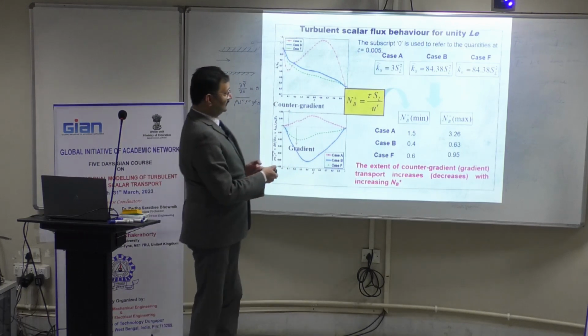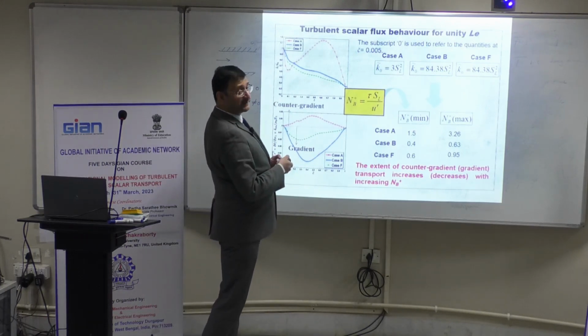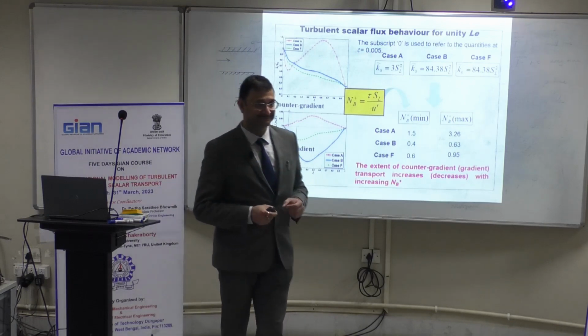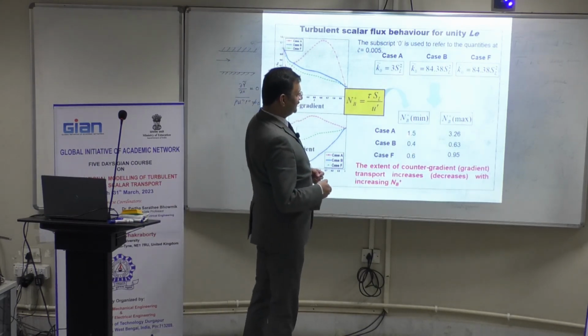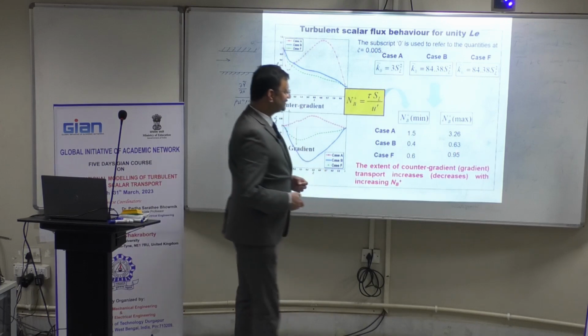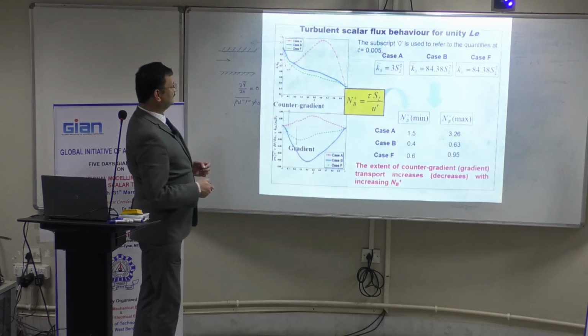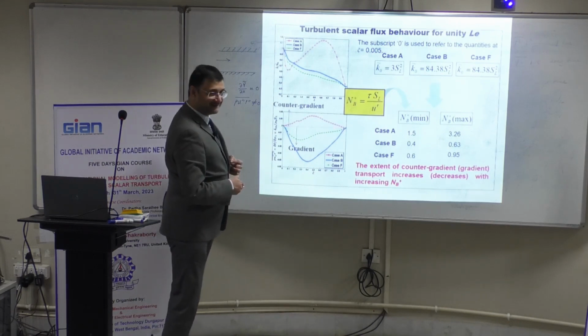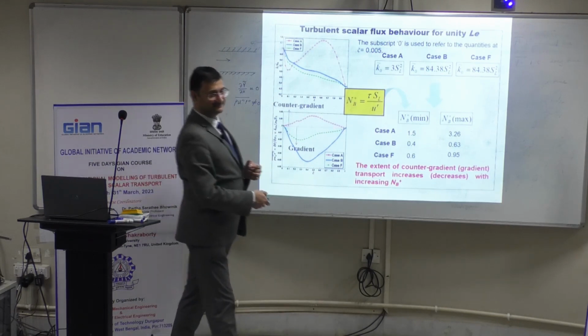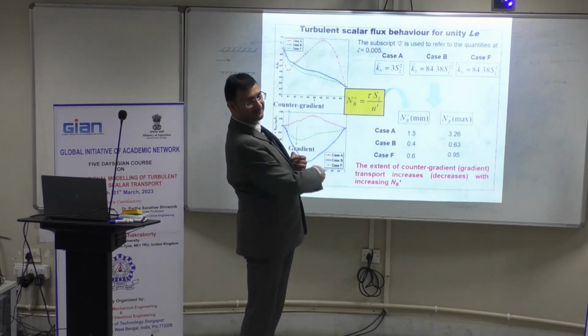So this is the Bray number. Roughly, you can see minimum value this, maximum value this. You can clearly see when the Bray number is greater than 1, counter gradient; when Bray number is small, gradient.